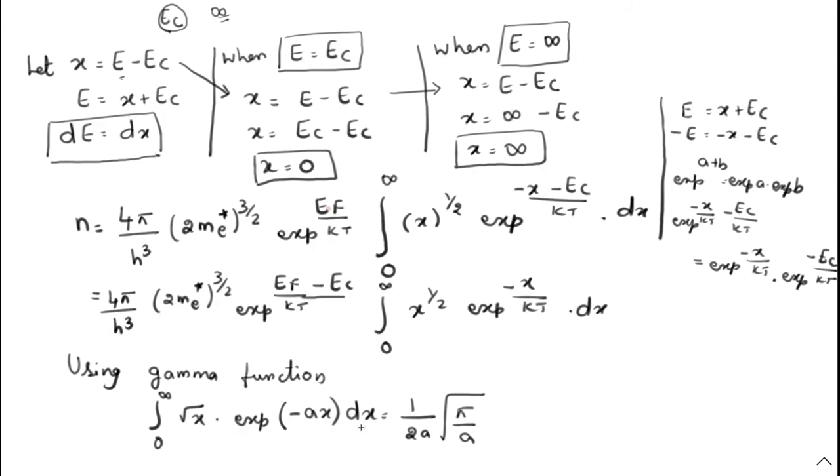This formula already exists in the gamma function. Comparing, root x and x power 1 by 2 are the same, and the exponential of minus a x is the same. Here the value of a is 1 by kT. If we substitute a equal to 1 by kT, we get the result for this integration. Now let us go to the next step.